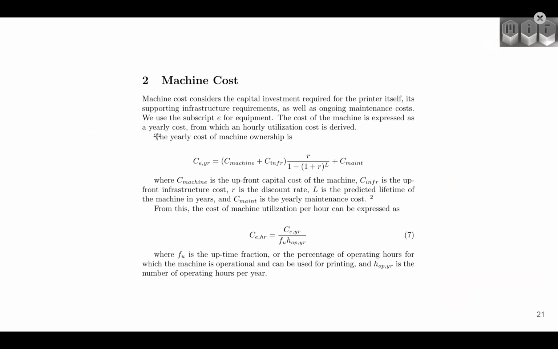So the next cost category we can go to is machine cost. This formula is a little bit complicated because it's doing two things. Number one is it's converting the total list price of a machine into an annual cost based on an assumed depreciation schedule.